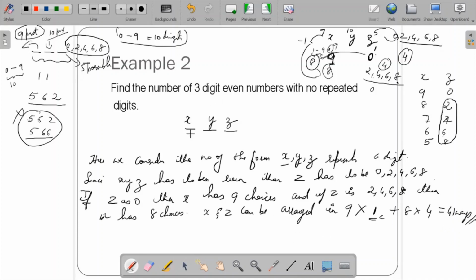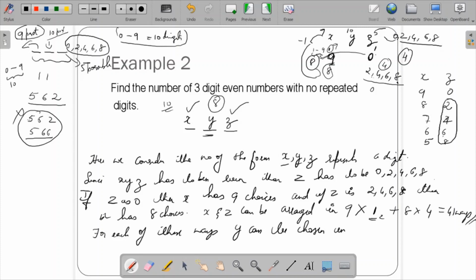Now we'll see why. You know that out of 10 digits, if 1 is occupied and 1 is occupied, the remaining is 8 ways. So for each of these ways, Y can be chosen in 8 ways.